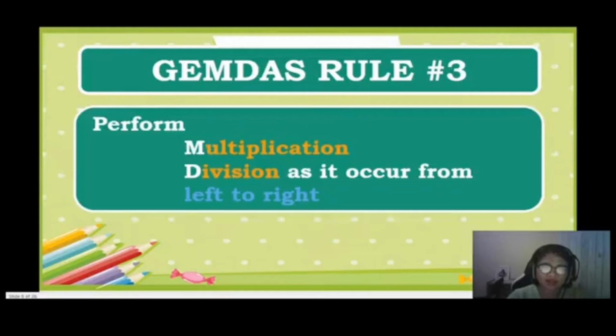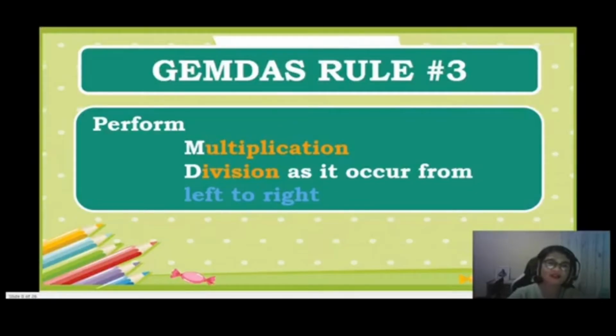Rule number 3 is we're going to perform the multiplication or division. If both of these 2 operations can be seen in just one equation, you should perform first what operation comes from left going to right.